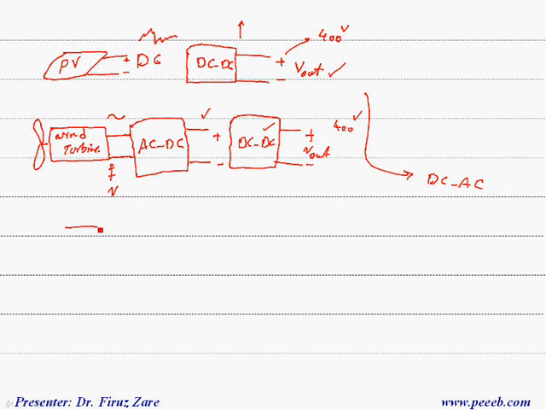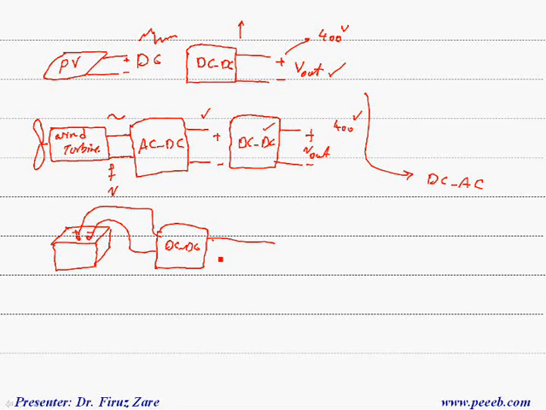And the last power supply, which we can use as a backup, is a battery. If the battery's voltage is lower than 400 volts, we can use another DC-DC converter here to convert the low voltage into high voltage.